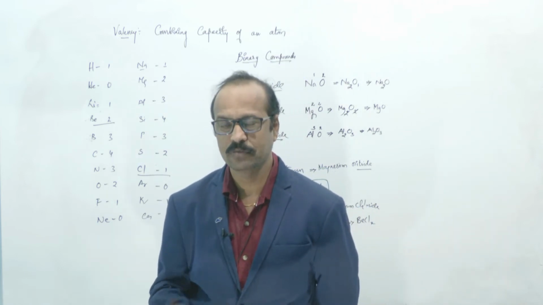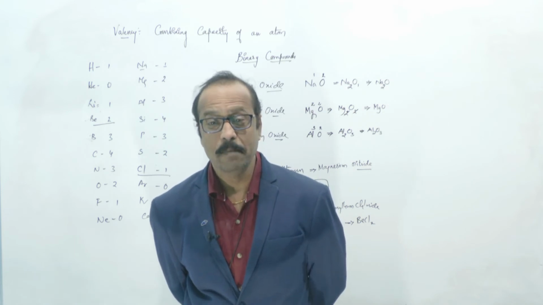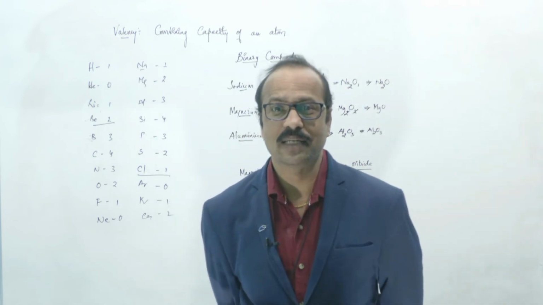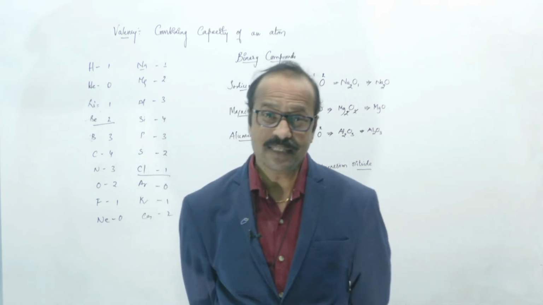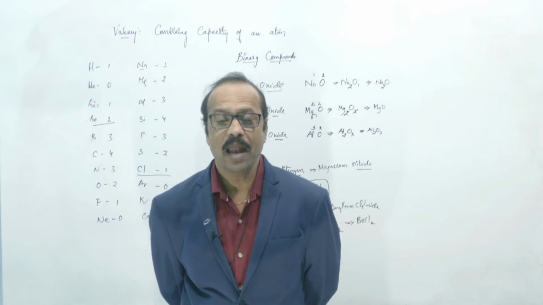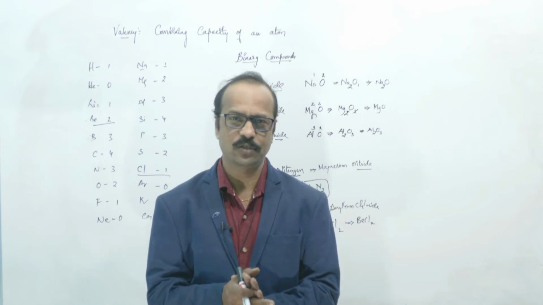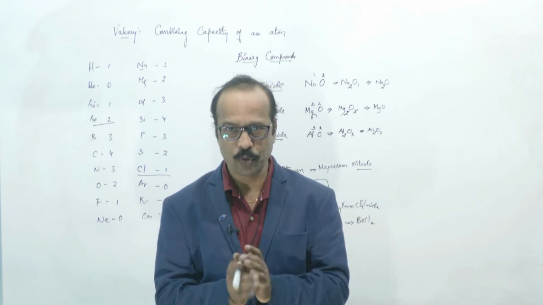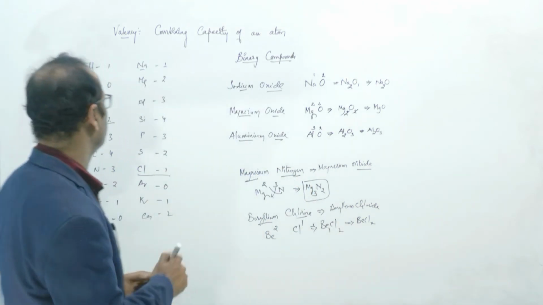How they get positive, I'll explain. So remember at present: metals exhibit positive valency, non-metals exhibit negative valency, and metalloids exhibit both negative and positive, that I'll explain.